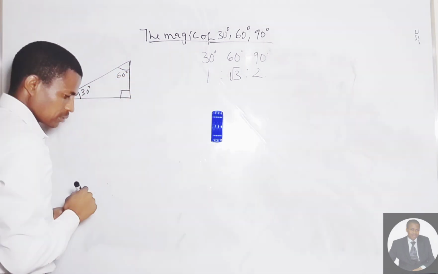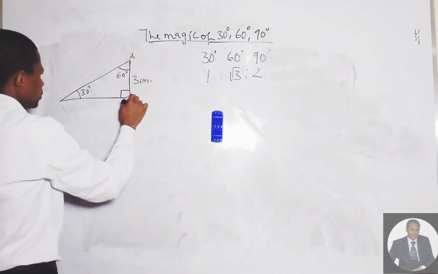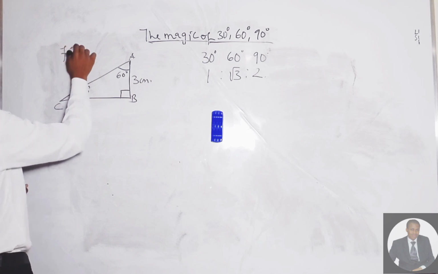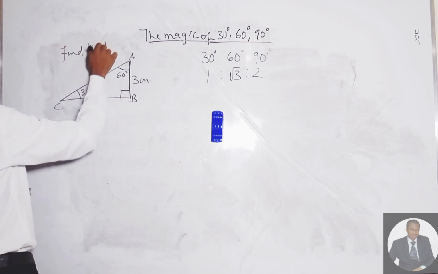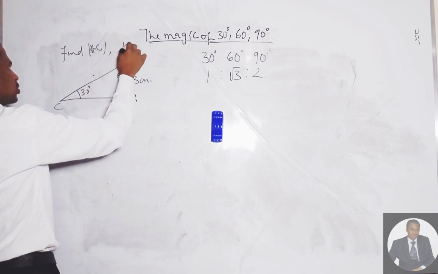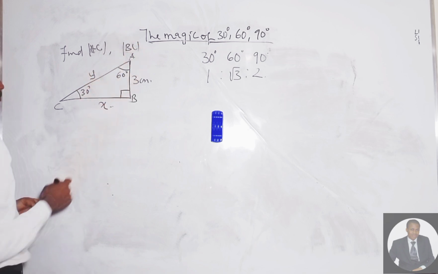And we're given 3 centimeters this way. A, B, C. And we are asked to find line AC, which is this, and line BC, which is this. So let's call this Y, let's call this X.